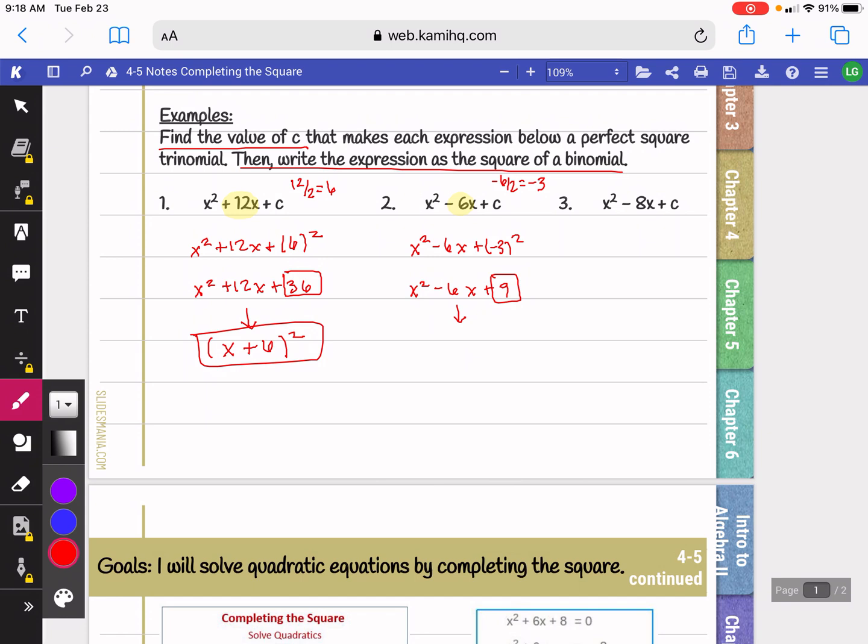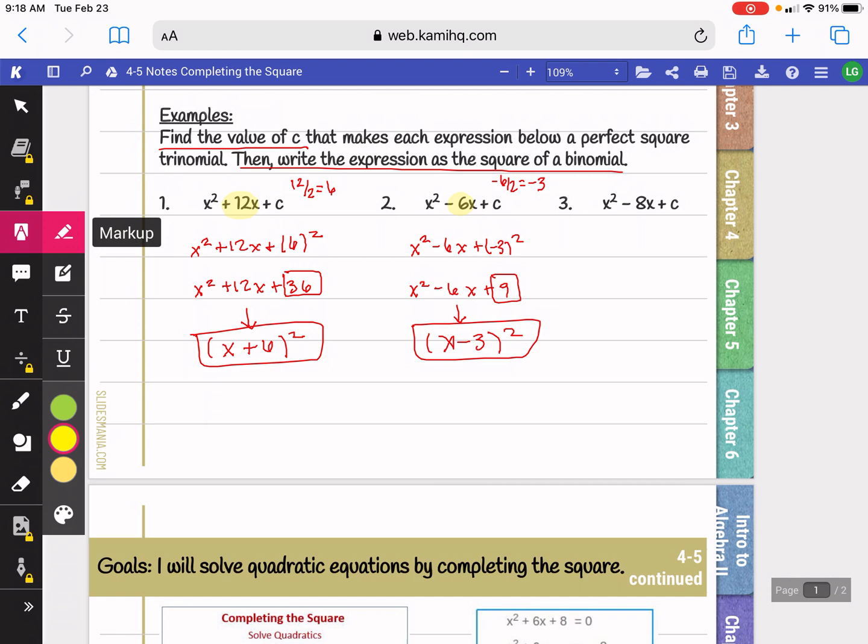And then if we want to write it now as a square of a binomial, we would write it x minus 3 squared. When you're writing them as binomials, you're basically taking the number that you got when you divided by 2. So here, if you see, we have 6 squared. That's where that 6 came in here. And here we have negative 3 squared. Here you can see that negative 3 in here.